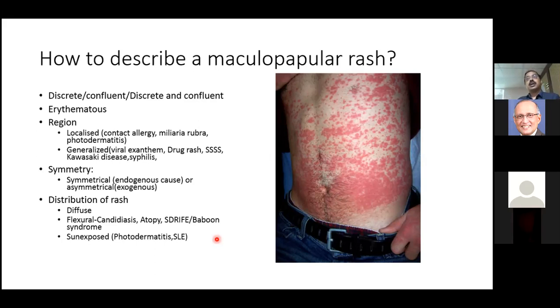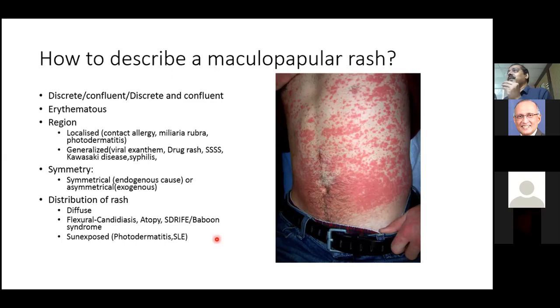Is it flexural? You can get flexural involvement, for example in candidiasis. In young children, candidiasis is quite common, especially in the neck region, the axilla, the groin, or the perianal region, where there's an obsession to clean the fecal matter. Young, inexperienced mothers tend to use all sorts of things on this small baby.